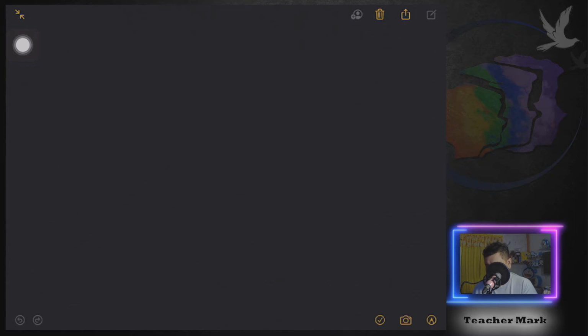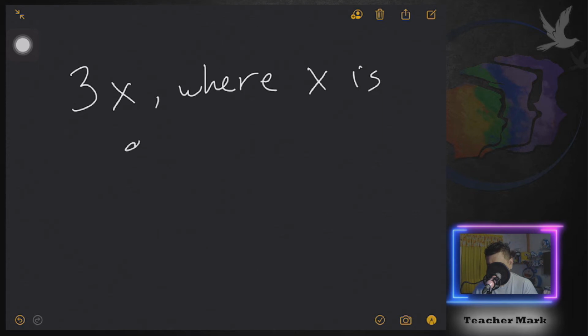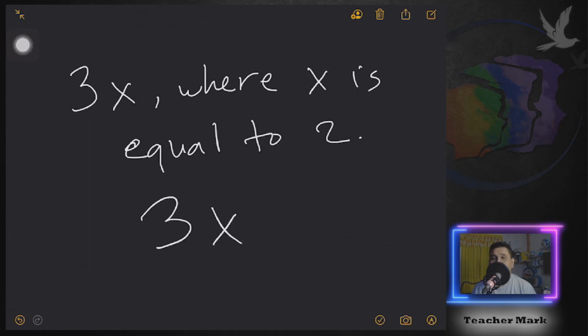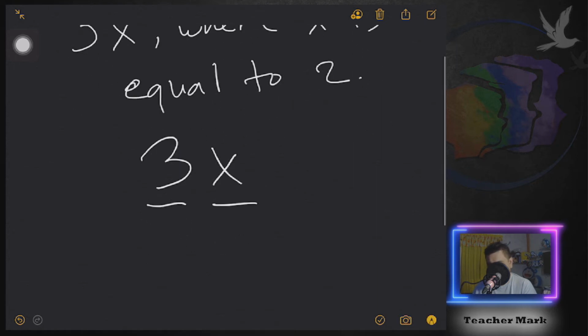Let's try this again. Let's say we have 3x. Then the condition is where x is equal to 2. Okay. So if you can still remember my explanation during the first video, knowing that 3x is a coefficient and a variable put together, wherein 3 is our coefficient and x is our variable.